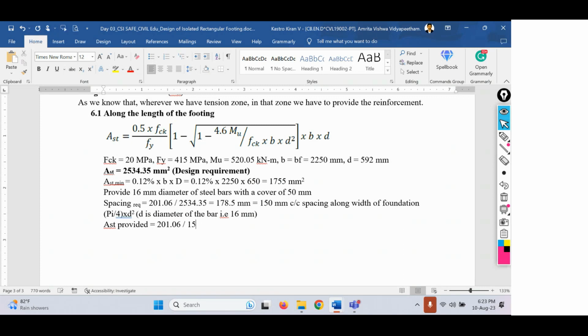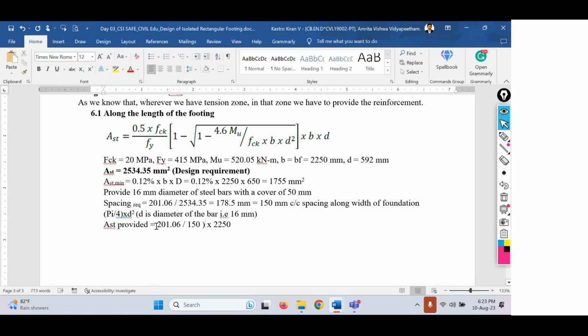What is the spacing value? 150 mm is the spacing, into the width of the footing, which is 2250. So this is how we are going to find out the reinforcement values.